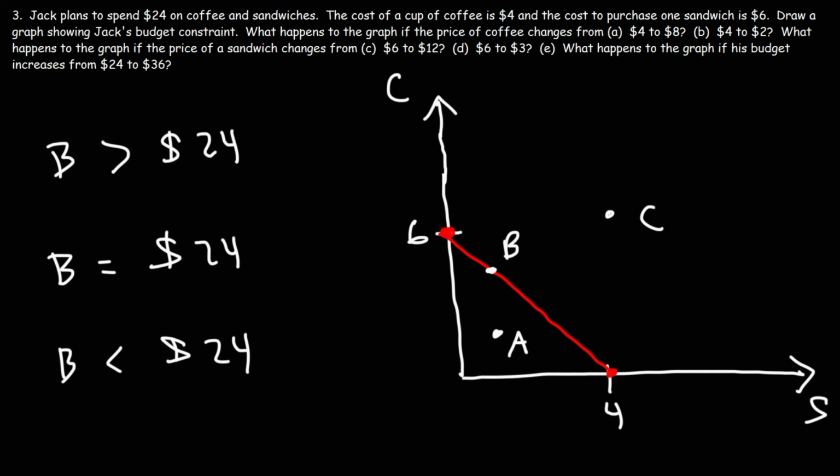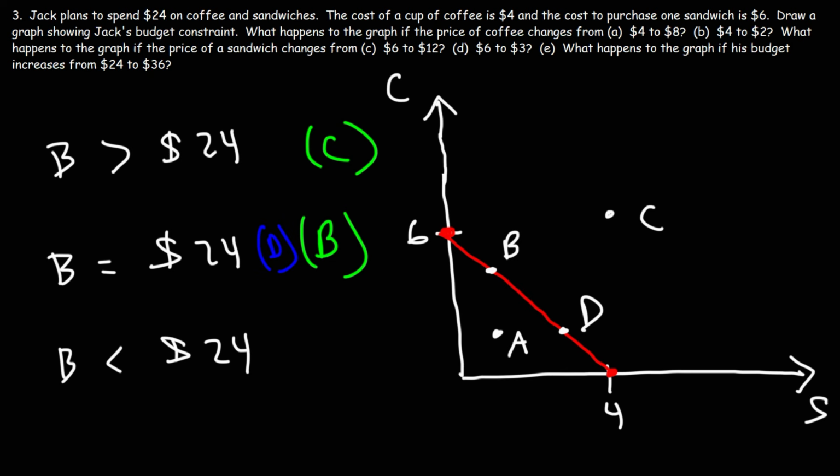Now remember, as we extend the budget line, the budget increases. Therefore, point C represents a point on the graph where the budget is greater than 24. Now, point B is on the line. Anywhere on the line, the budget will be exactly 24. So if we create a new point, point D, that too will have the same budget as point B. That is a budget of 24.